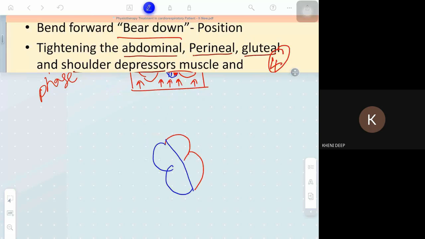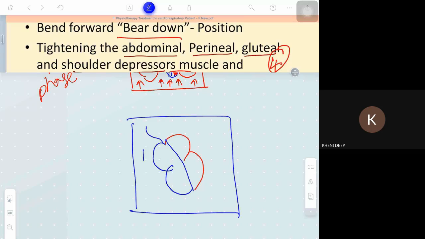Suppose imagine this is the thorax. What is this? Superior vena cava and inferior vena cava, bringing the blood to the heart. And this is the systemic circulation from the left ventricle. So now listen carefully.